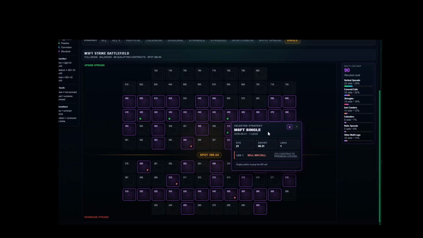Very common for institutions and very common if you hold a bigger position. You can sell contracts to collect premium. And of course, be aware that if the price does go over 450, you could be losing profit, because the profit that you're making from your long position will be capped by this covered call right here.